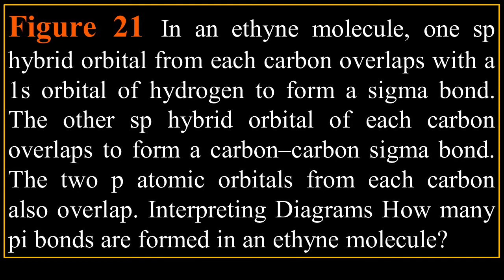The other sp hybrid orbital of each carbon overlaps to form a carbon-carbon sigma bond. The 2p atomic orbitals from each carbon also overlap. Interpreting diagrams: how many pi bonds are formed in an ethane molecule?